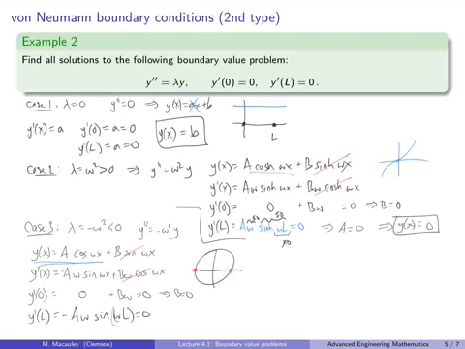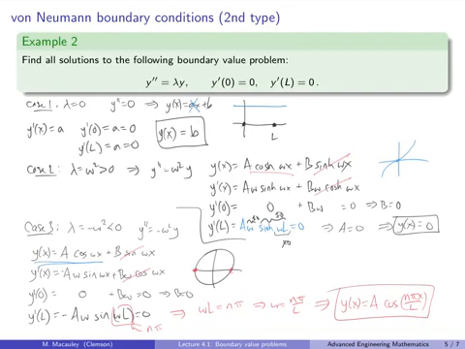So omega L equals n pi, which means that omega equals n pi over L. And so now our final solution is this cosine term: y of x equals a cosine of n pi x over L.